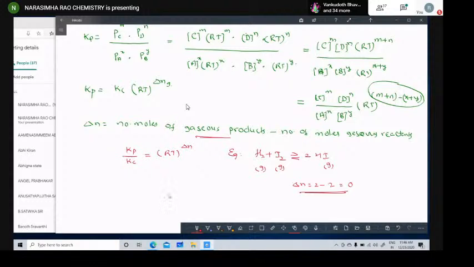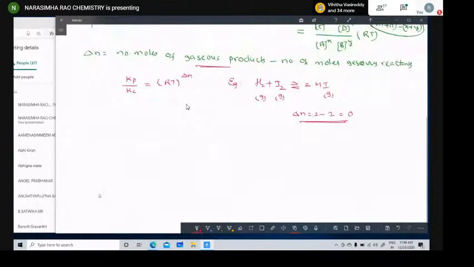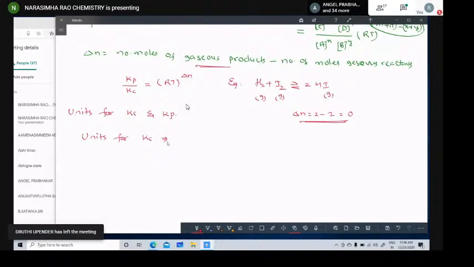Now, units for Kc and Kp, right, children? Units for Kc is concentration whole power delta n. Units for Kp is atmosphere whole power delta n.